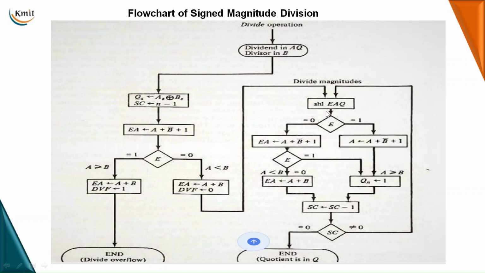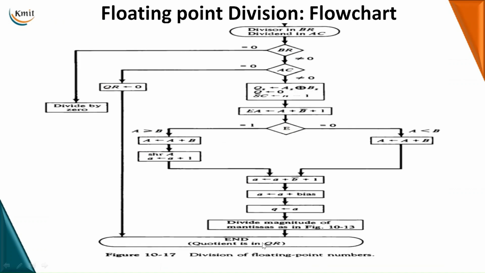Once you are done with dividing the magnitudes, the quotient will be stored in capital Q and the remainder will be stored in capital A. Whatever is stored in your quotient Q will be transferred into QR, where according to this flowchart your quotient has to be stored. So this is the flowchart of your floating point division.